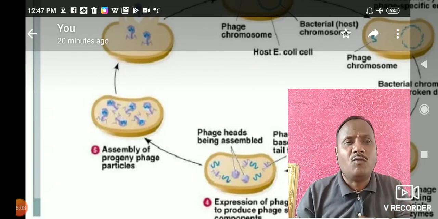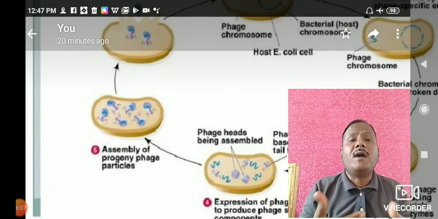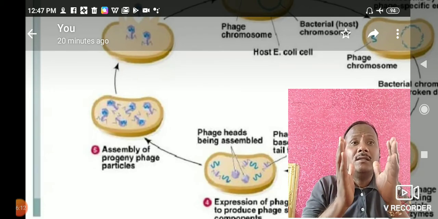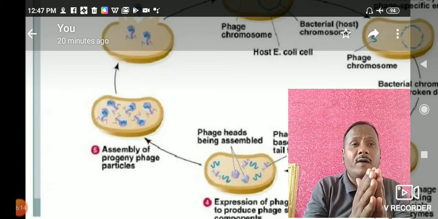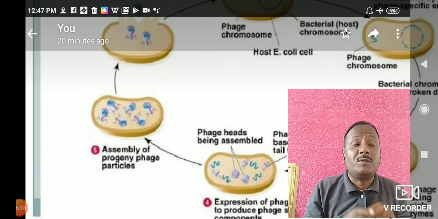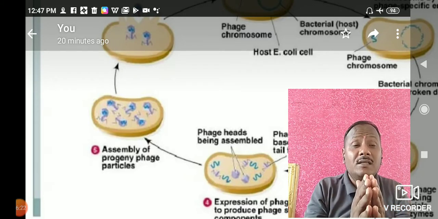And in the next stage, what happens? In the next stage, assembly of progeny phage particles is produced. Assembly means actually the virus or bacteriophage looks like head, tail, fibers, and within that there is the presence of DNA. That type of assembly is produced within the bacterial cells.